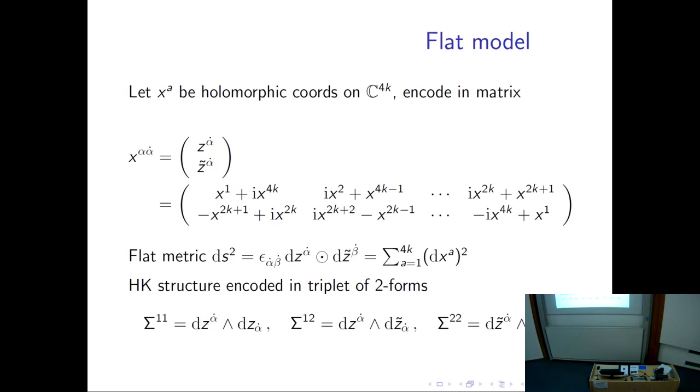This is just some 2 by 2k matrix that contains all the linear combinations of pairs of these coordinates that you need to reconstruct all the coordinates. And the flat metric is then just given by the natural Sp(k) invariant measure on these z's and z twiddles. So I leave it as an exercise to the reader to check that this is true.